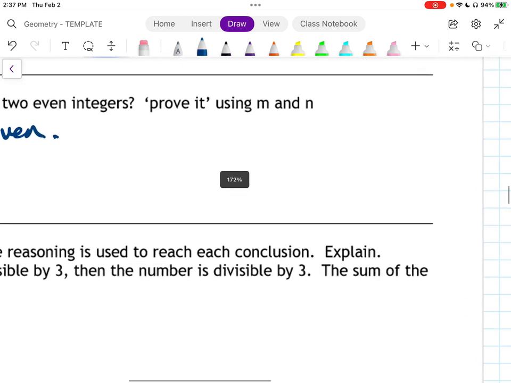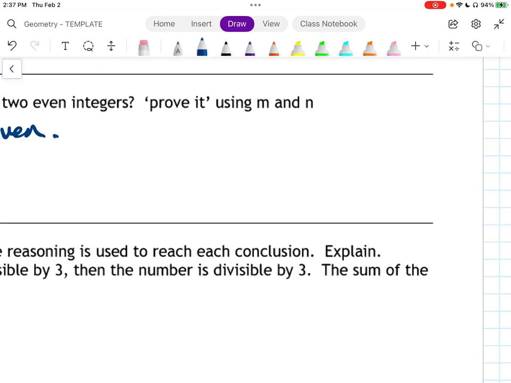So to prove it, we have two numbers, and I'm going to say we have 2m and 2n. Now, the reason that I'm writing that is that anytime you have an even number, it has a factor that's 2. So rather than saying that m is an even number, I'm saying m is just some number, any number at all. I don't care what number it is.